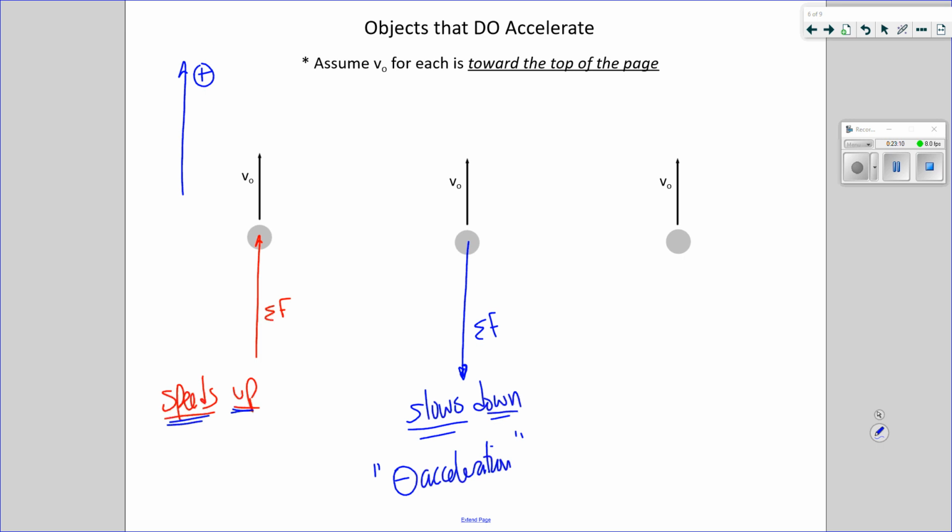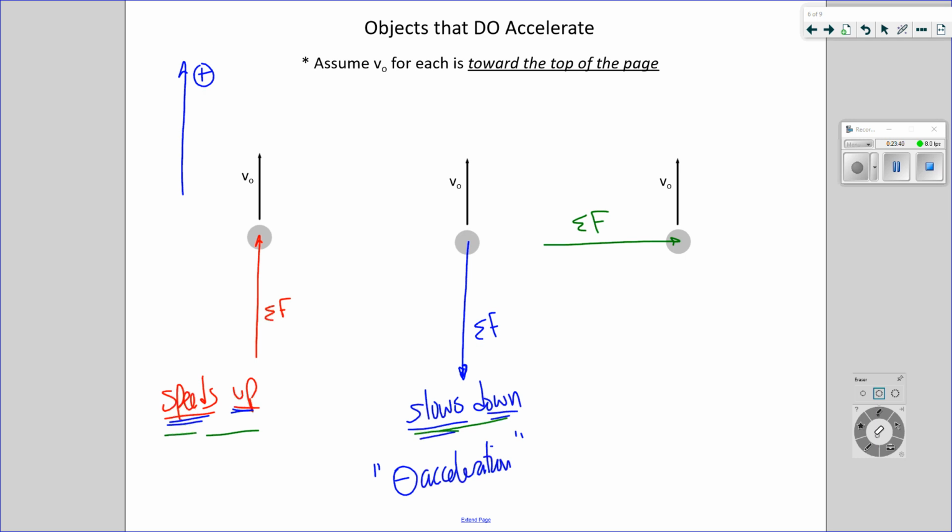And there's a case 3. What if the net force looked like this? Well, at this instant, we can't say for a while afterwards, maybe later, but right now, because this thing is not being pushed this way at all, it's not being pushed that way at all, it can't speed up, it can't slow down, but this thing does have to accelerate, but it can't change speed.